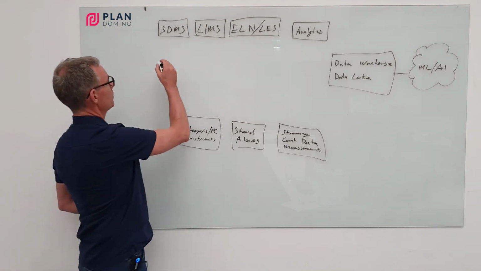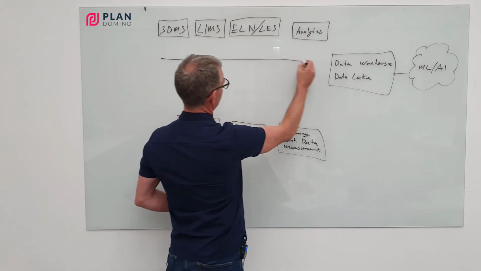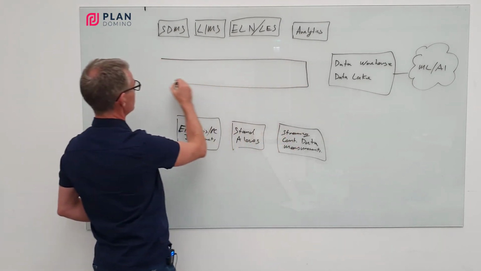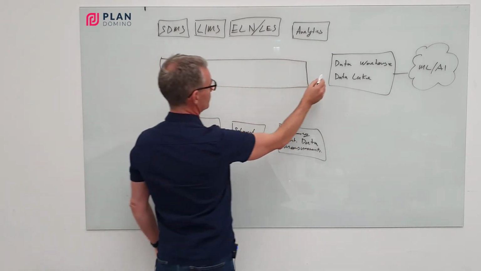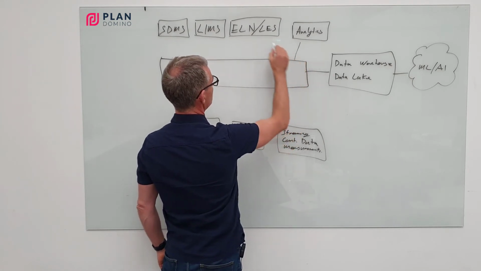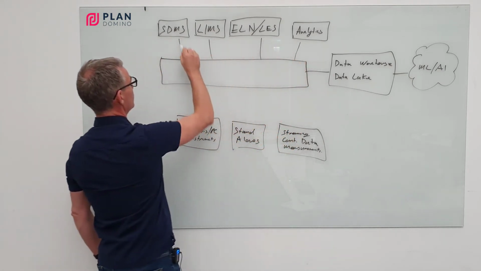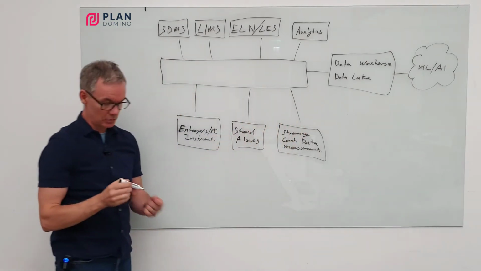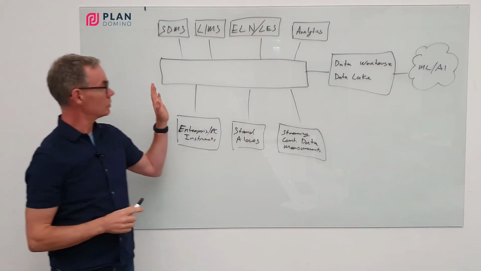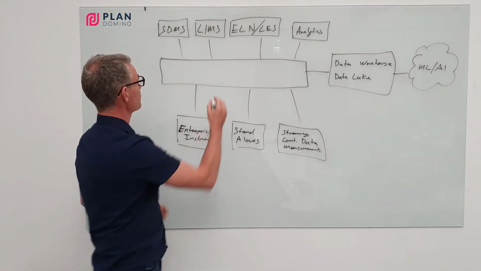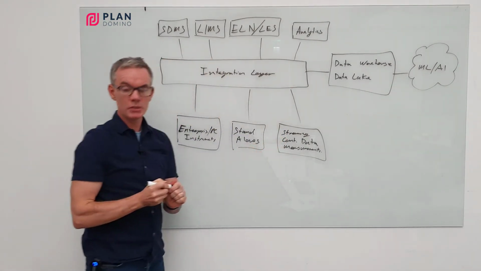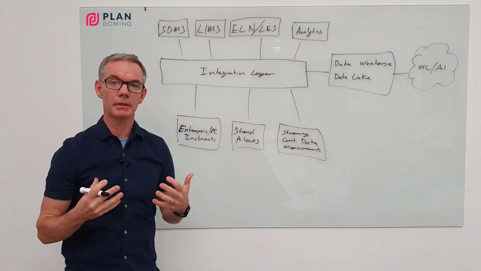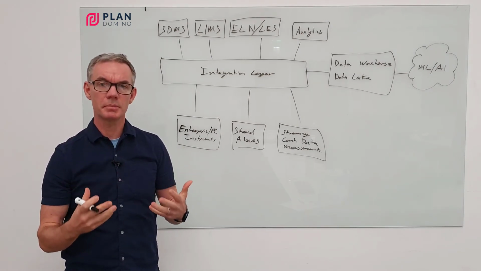So this is what we would call the integration layer here, where essentially we've got all of these feeding in to this integration layer. And there are some companies who are developing systems to allow us to develop this integration layer. As I mentioned before, building and developing integrations is a very expensive business.